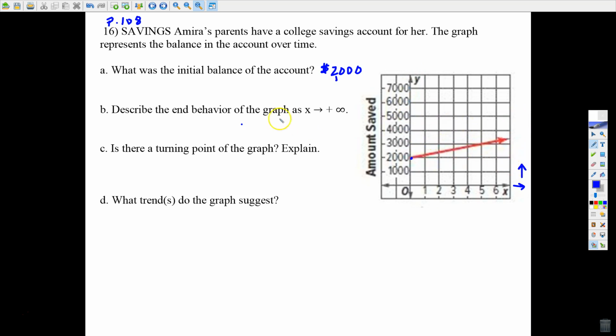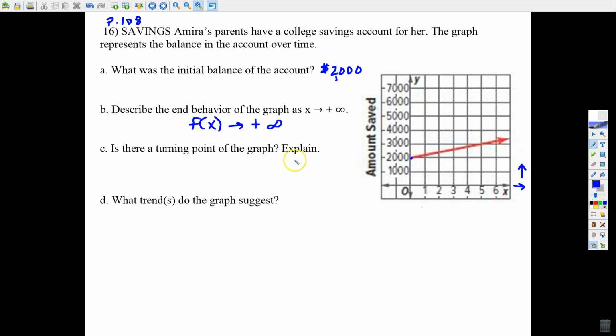Okay, so as x approaches positive infinity, we'll say f of x, or the graph, also approaches positive infinity. So hopefully that makes sense. It's going to continue to go upward as the numbers for x get bigger. Okay, that takes care of letter B.